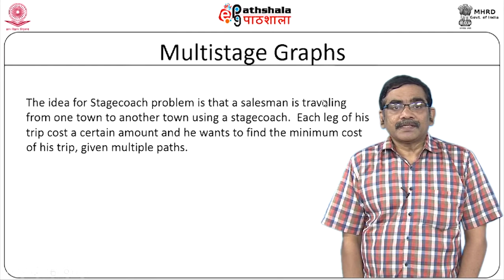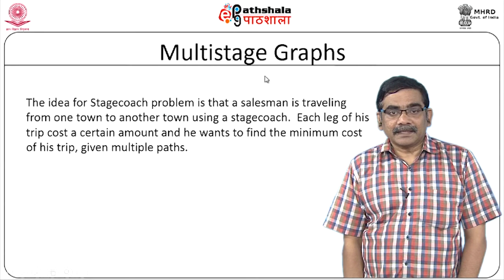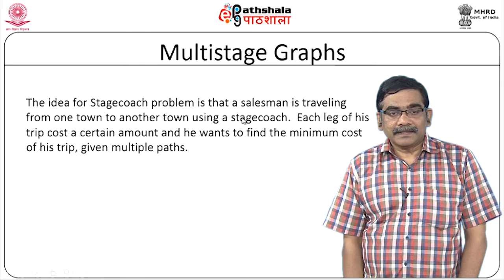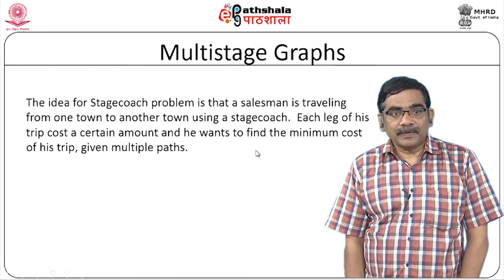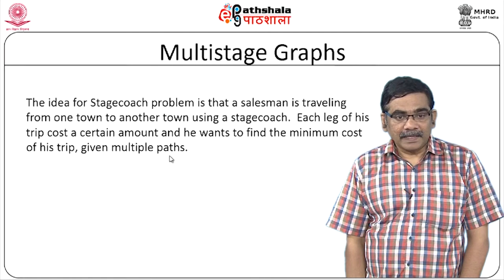The aim is to find the shortest path from source to destination using the intermediate cities. The logic is that we have to take multiple decisions at various stages, and ultimately we want to find the minimum cost of the trip, especially in the case of multiple paths.